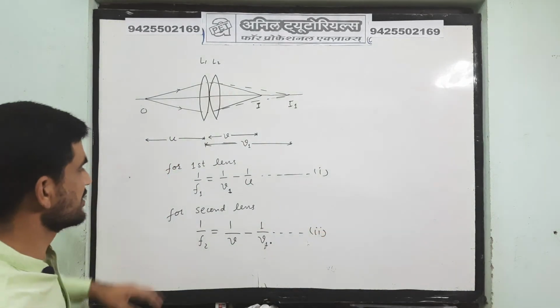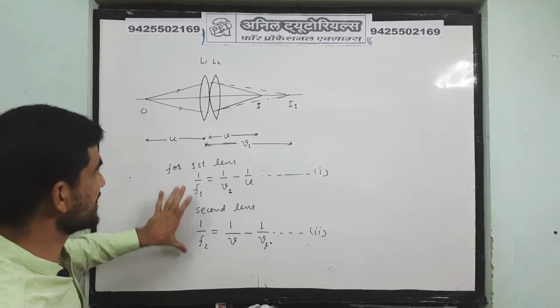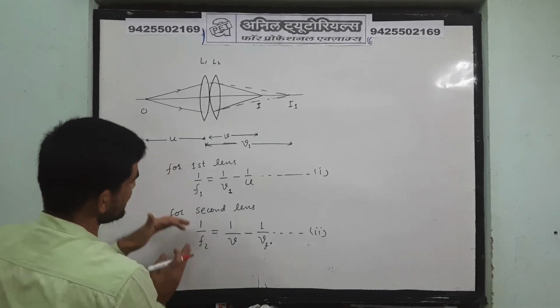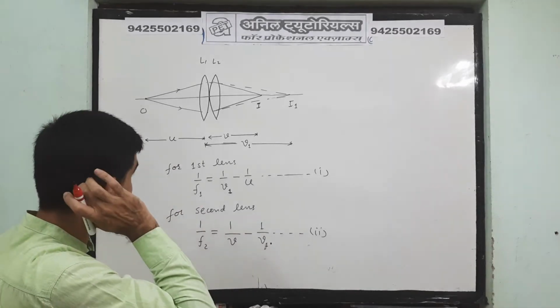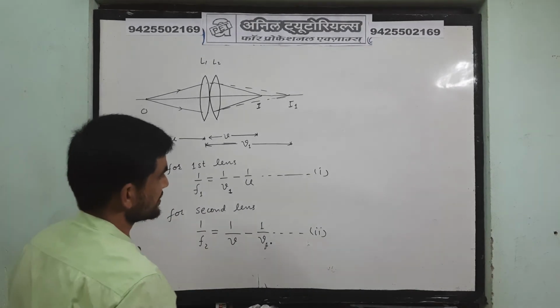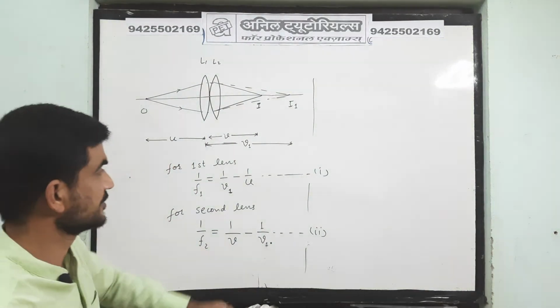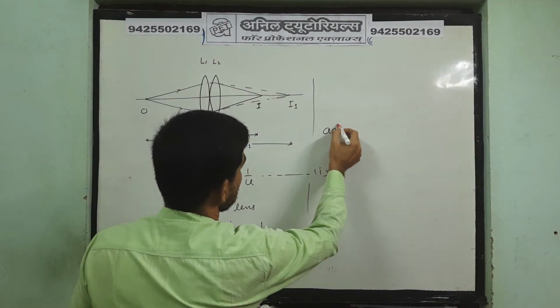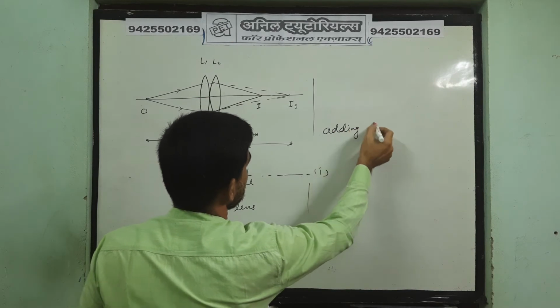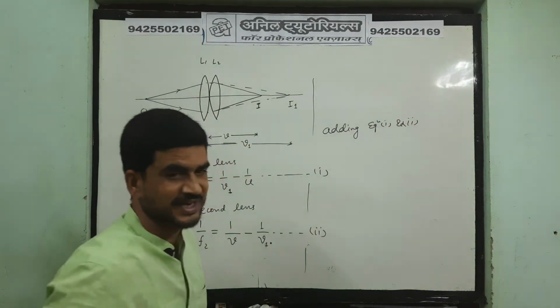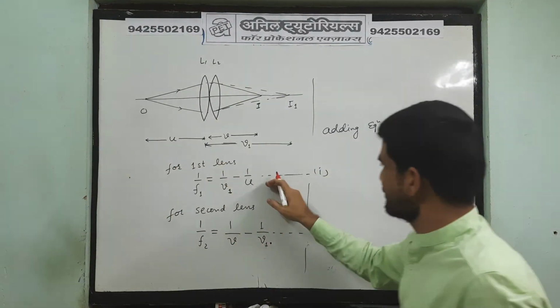Now simply add these two equations. Very simple first equation and very simple second equation. Since the lenses are thin, it's very easy. Just add equation 1 and 2.